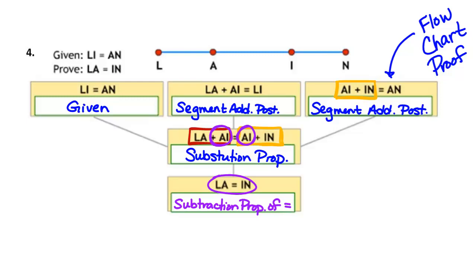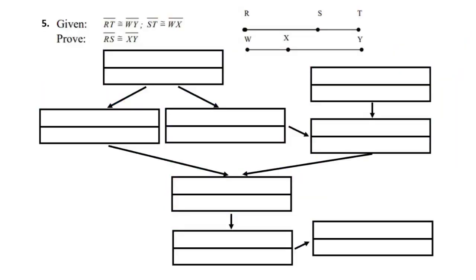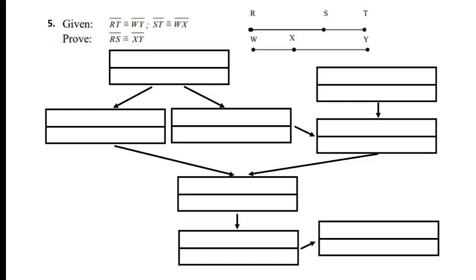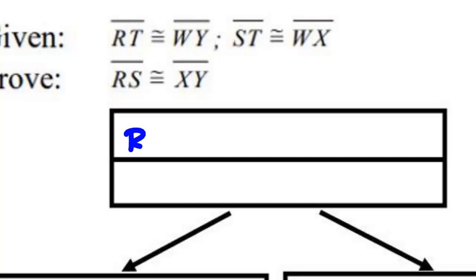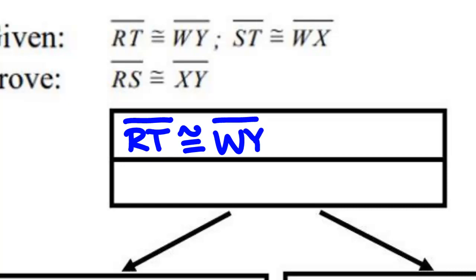All right, let's flip over to the next page, and we're going to fill in this flowchart proof. This one we have to give the statements and the reasons for. So in this top box right here, I'm going to put my given information. Segment RT is congruent to segment WY.